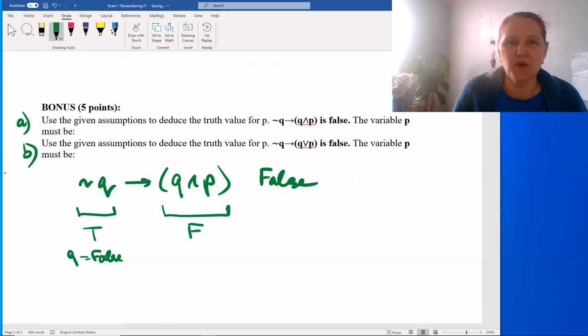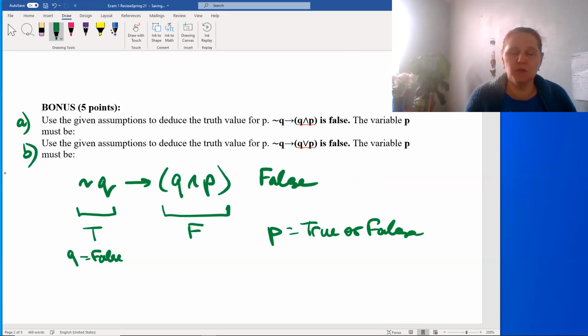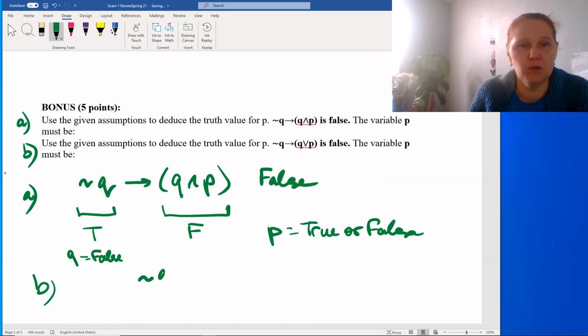So P can be true or false, because if Q is false, then it doesn't matter if P is true or false, the and will be false.